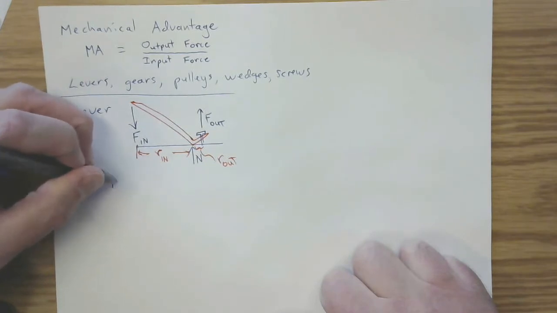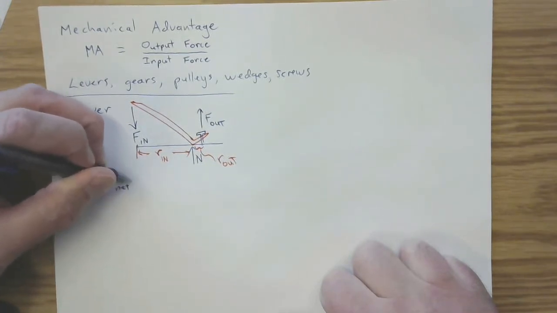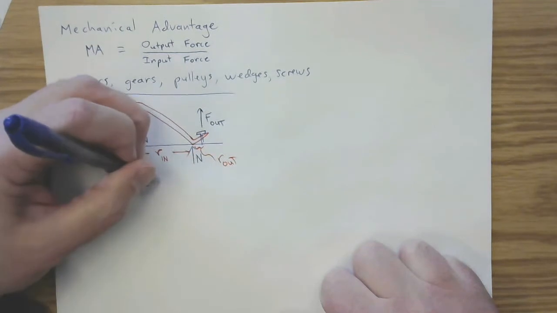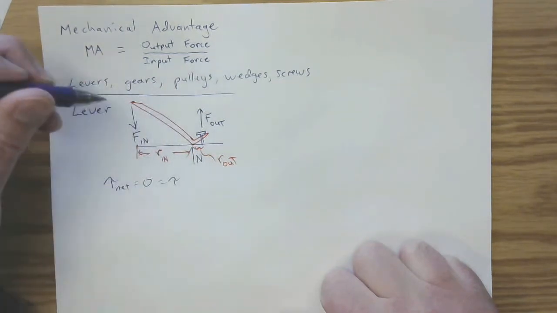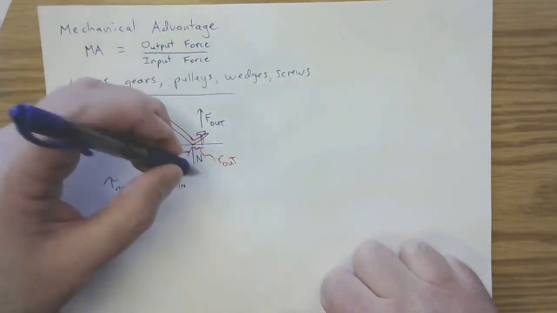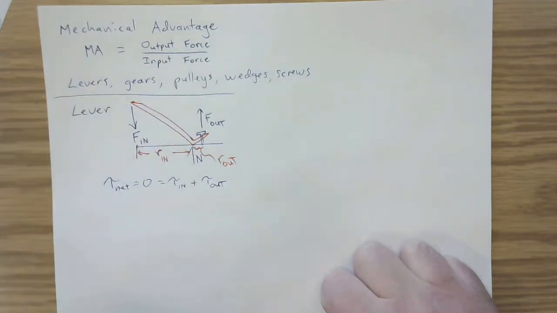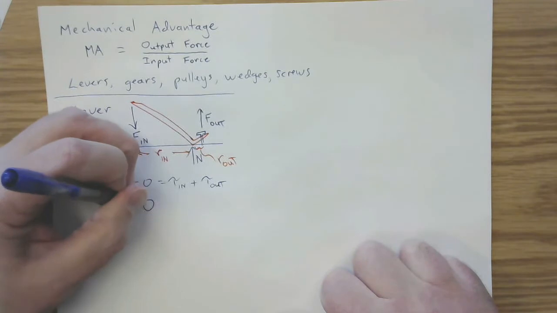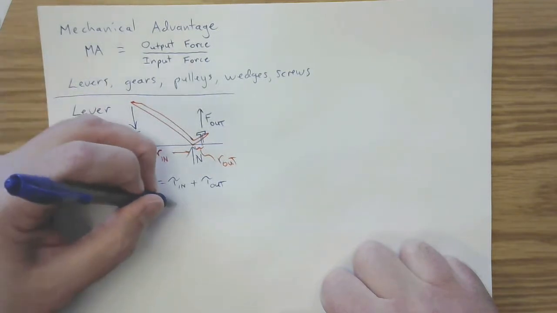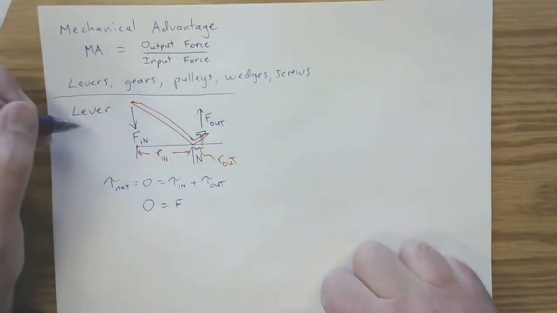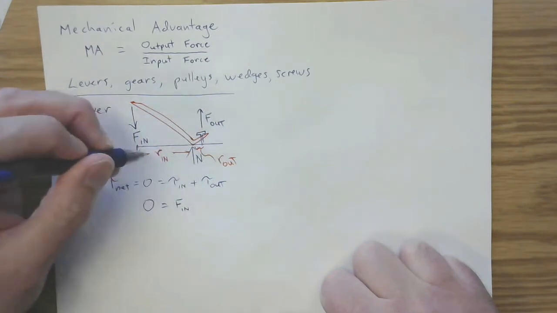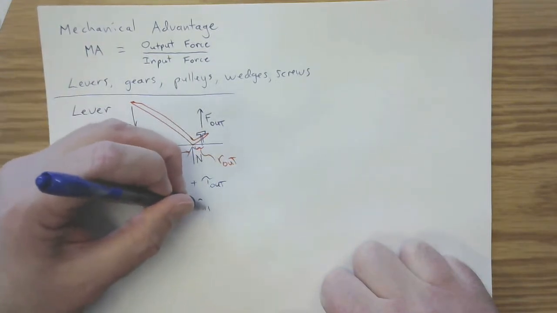So your net torque is 0, and that's your torque in plus your torque out. And torque is this force in times R in.